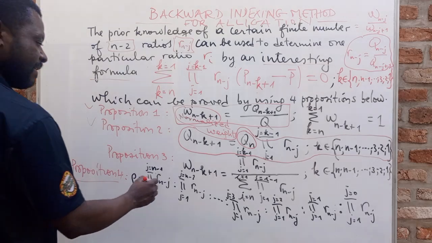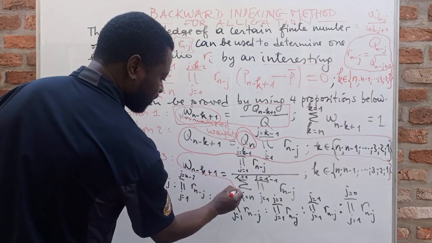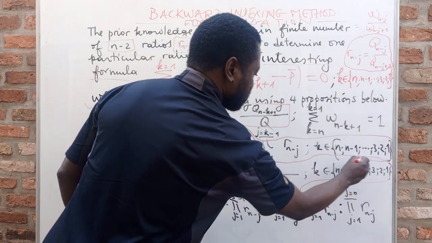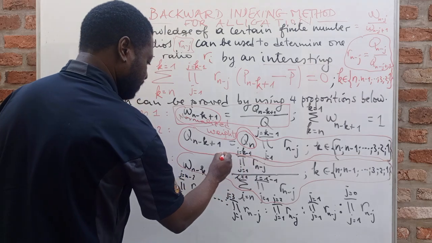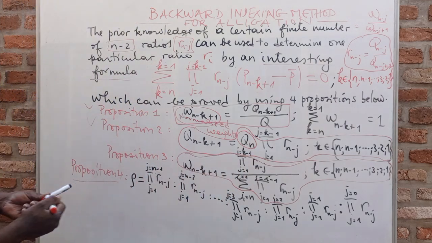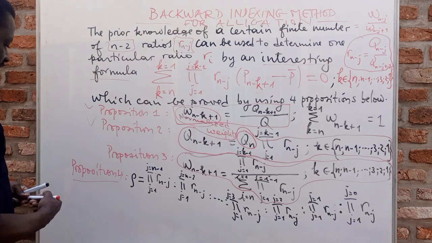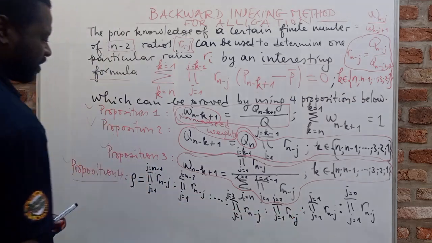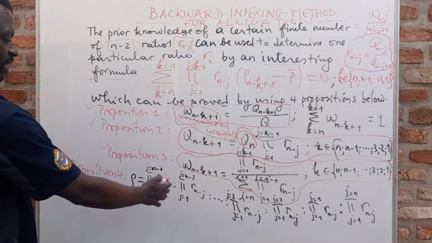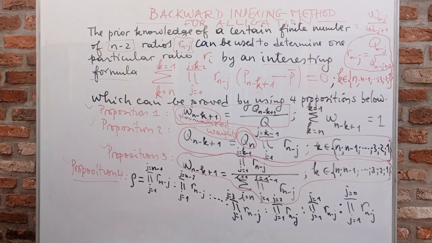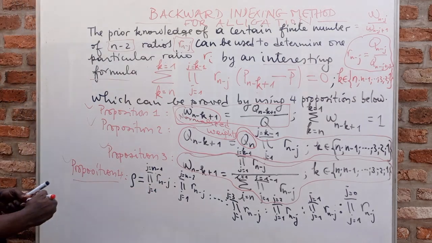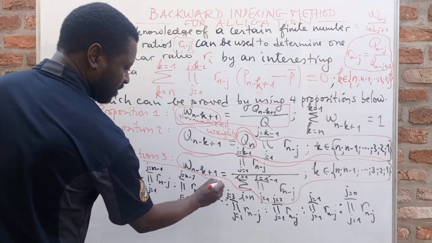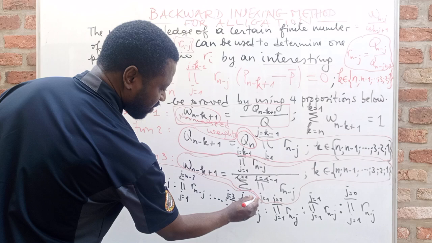So those products of ratios can also be used to express any given weight. Finally, proposition number 4: you have the overall ratio in terms of the product of these particular 2 by 2 quantity ratios.